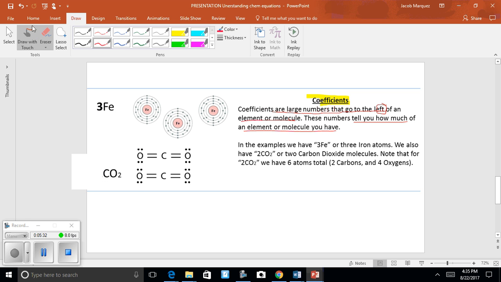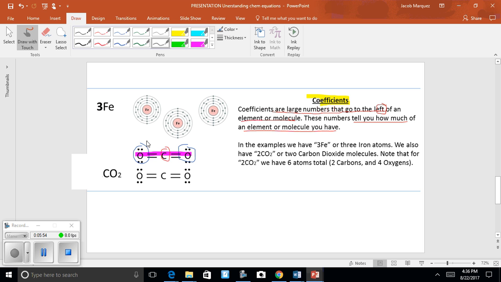Okay, now let's look at this example right here. We have CO2, just like from the previous example. We have 1 carbon, here's your 1 carbon, and we have 2 oxygens, and they're bonded to each other, correct? All of these are attached to each other. They're all stuck to each other.